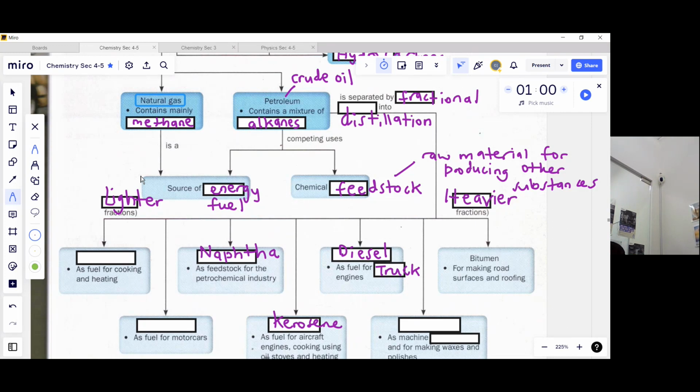Go ahead. Next one, take Y. Good. Lubricating oils. And take Y. What's this blank here? Hold on, let me see it now.